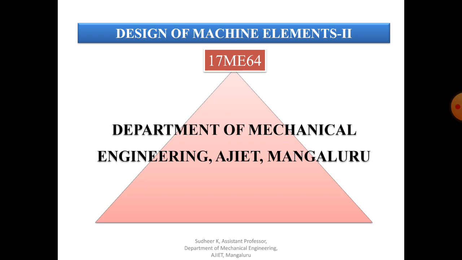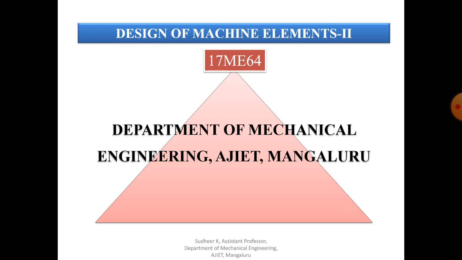Then you have to find out the bearing pressure, the dimensions of the bearing, mainly the diameter and length of the journal bearing, the power loss, then frictional torque, heat generated and heat dissipation. Most of the equations you can find in the Mahadevan and Balaveera Reddy data book. Only a few charts, if they ask specifically in the final exam, you can go through the Lingaya data book, which will also be provided in the exam.